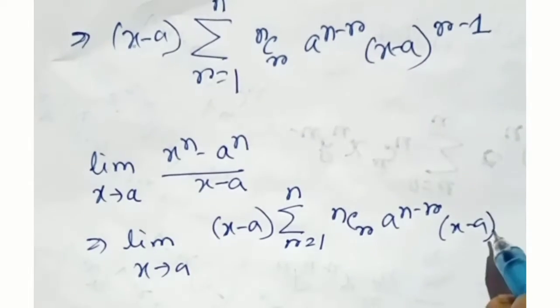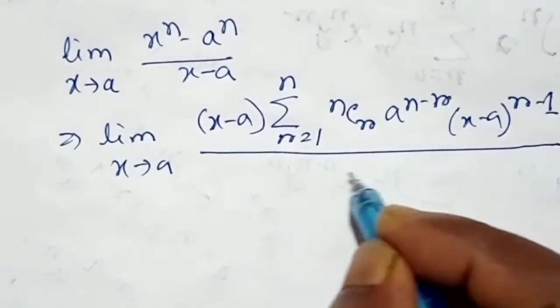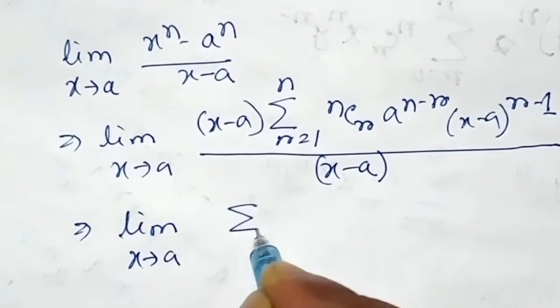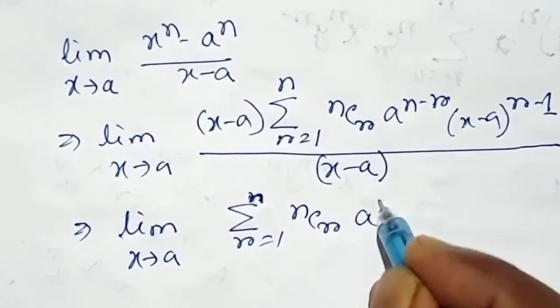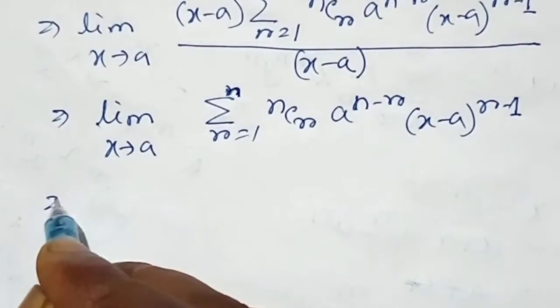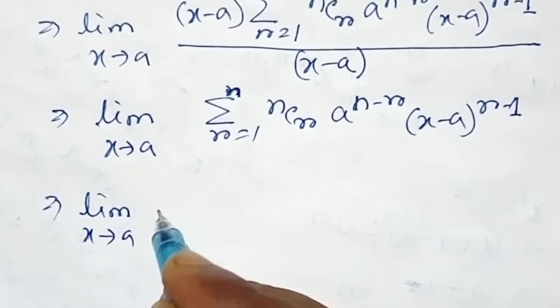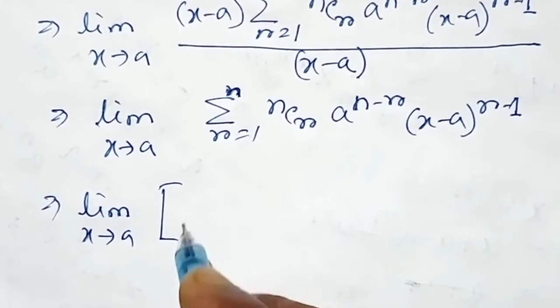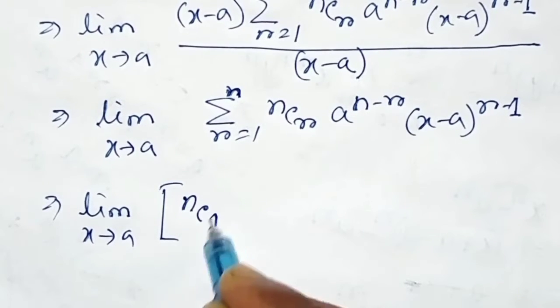So you can understand that both (x minus a) will be cancelled out, right? Thus we will get limit x tends to a, summation r equal to 1 to n nCr a power n minus r into (x minus a) power r minus 1, right? So guys, the first term of this summation is actually a constant, or independent of x, okay.